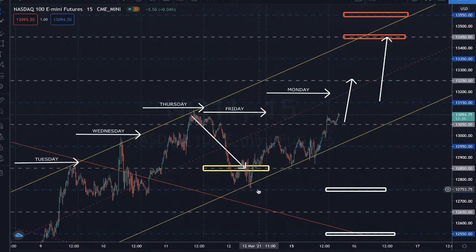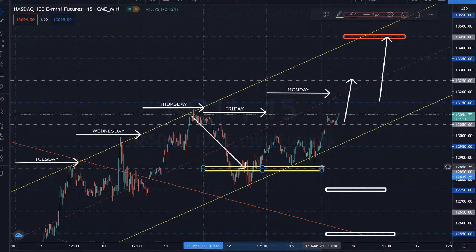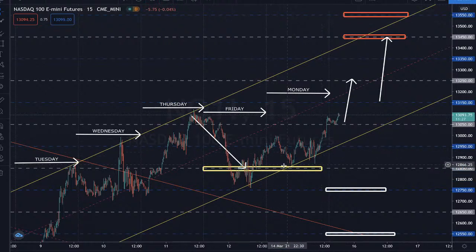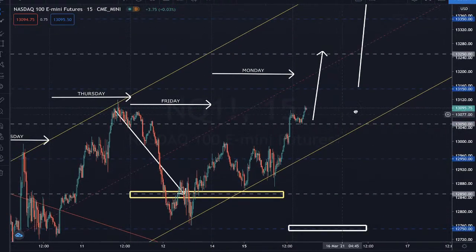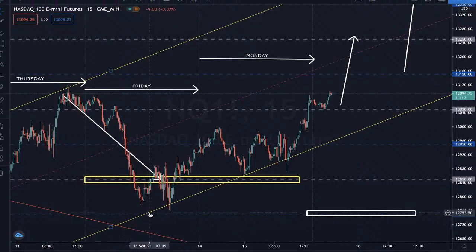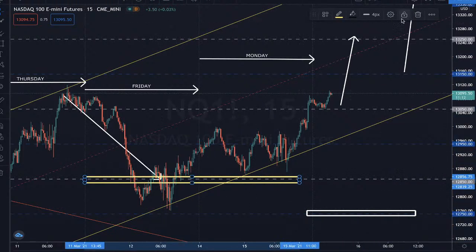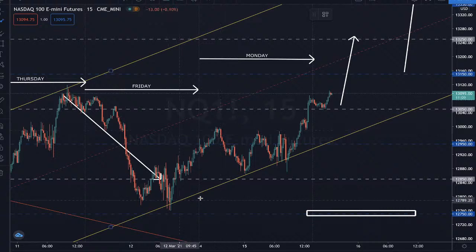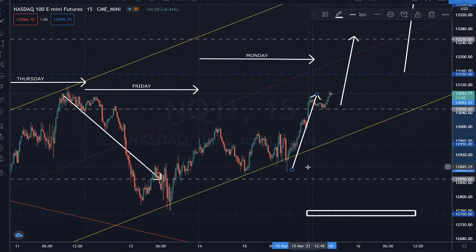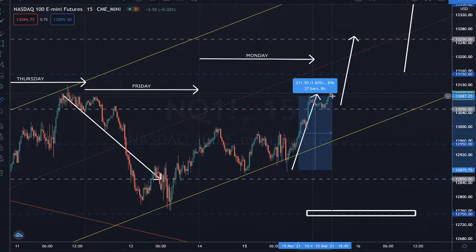We did not even touch the 12,750. And as you can see, once we reclaimed the level and came back to retest it, that's where we found the support. Just look how perfect that support acts. This channel acts as a support right now. If you just played a bounce from any of these line touches, you could have made easy about 200 points.